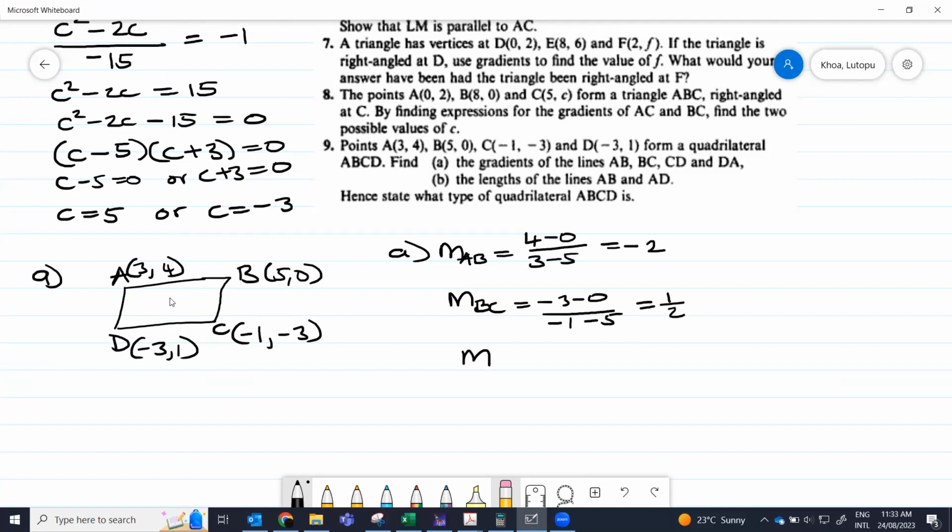Gradient of CD, this is -3 minus 1 over -1 minus -3.